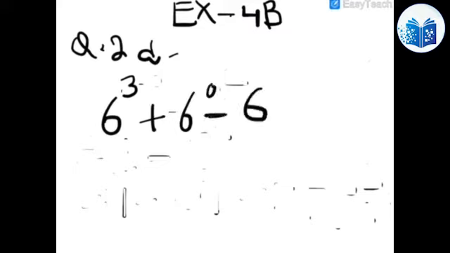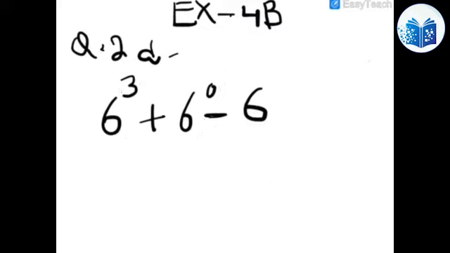Moving on to the next one, we have question number 2D. Question number 2D says 6 power 3 plus 6 power 0 minus 6. So what will happen? We simply open it.